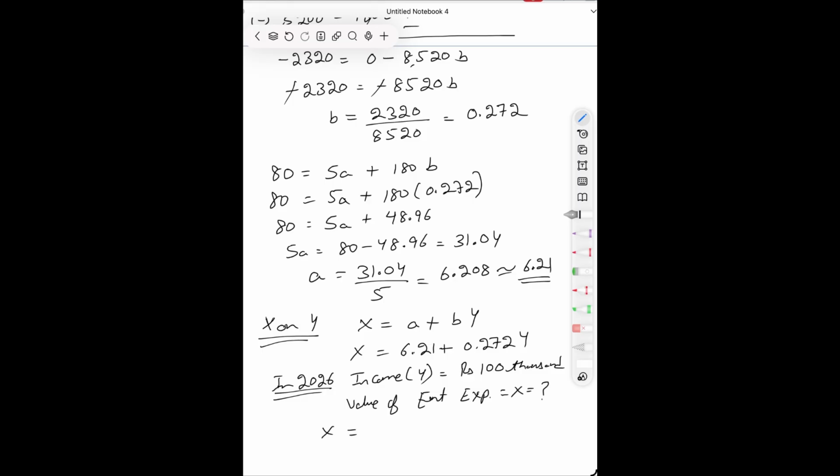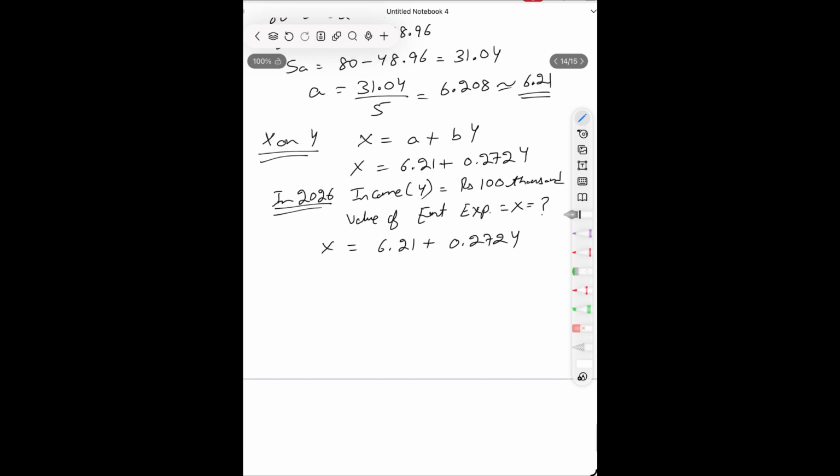Now we all know the regression equation x is equal to 6.21 plus 0.272y. So x is equal to 6.21 plus 0.272 times 100,000, which is 6.21 plus 27.20. So the entertainment expenditure would be 33.41 thousand.